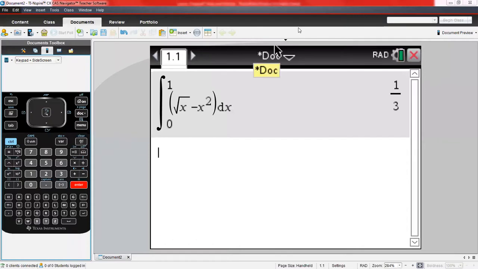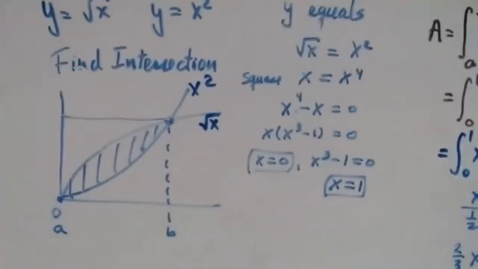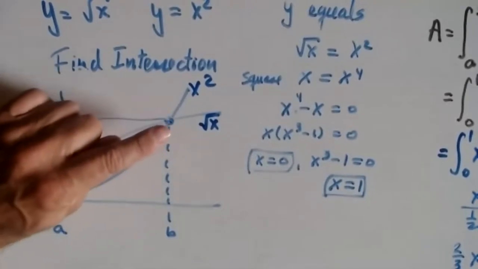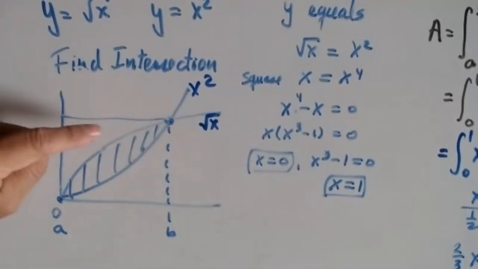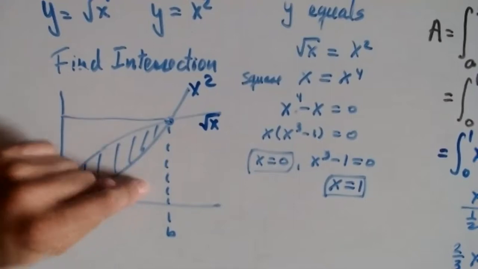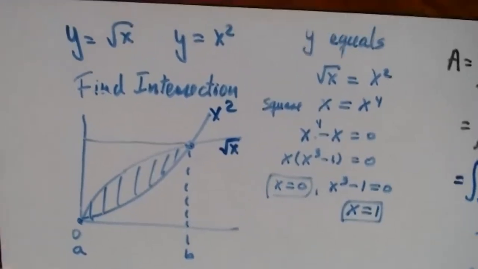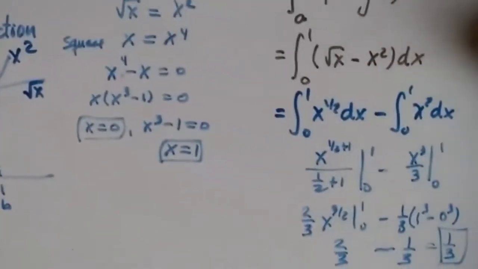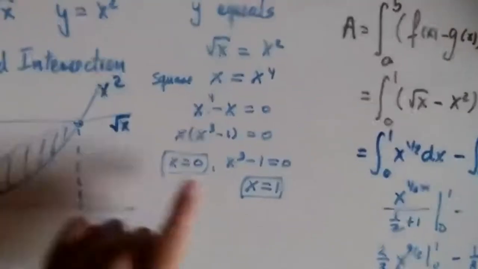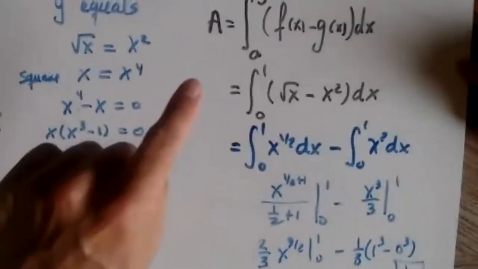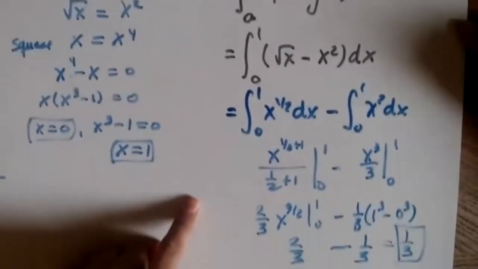My assumption is that you're able to graph these functions without a calculator, and determine which one is the upper and which one is the lower, correct? Any question till this point? The concept is not very difficult. It's pretty simple. You require your algebra, if you have to find intersections, and then your calculus to evaluate an integral.